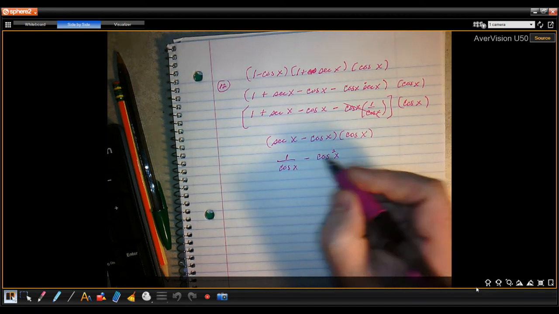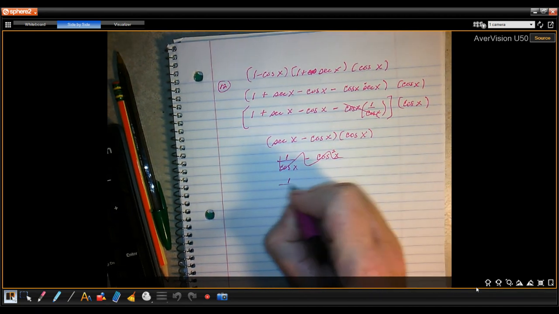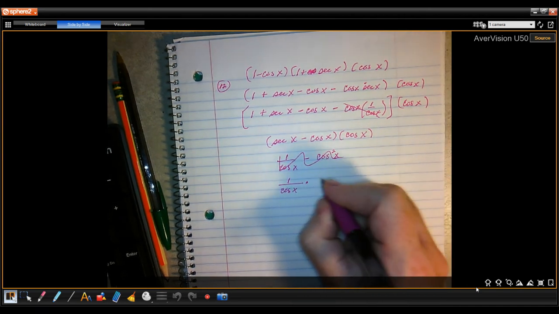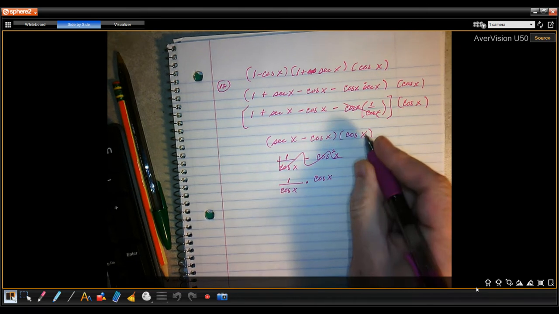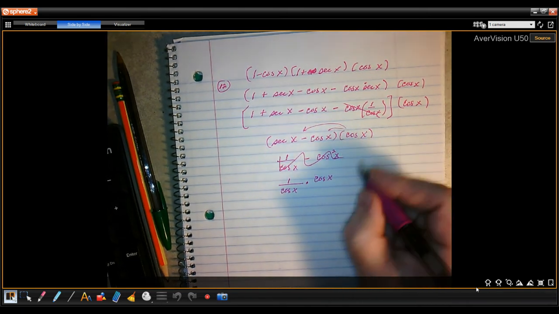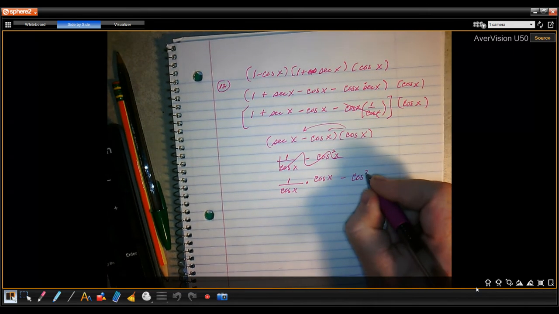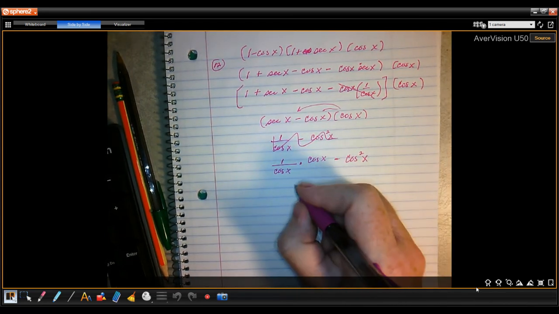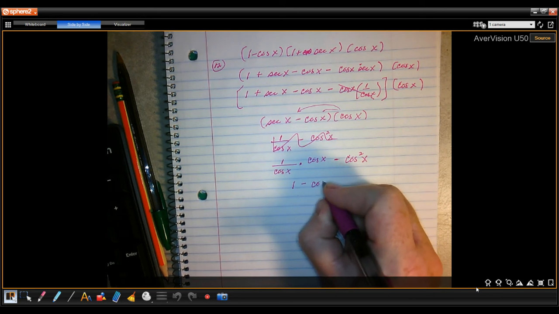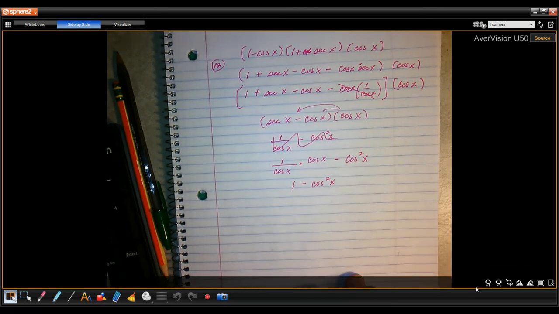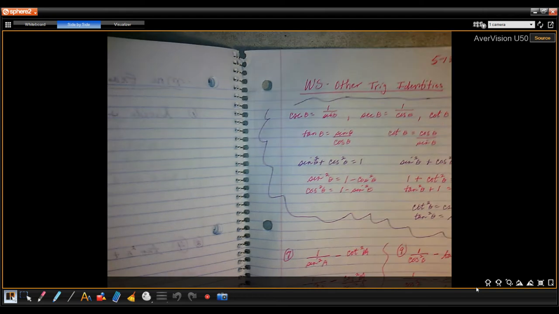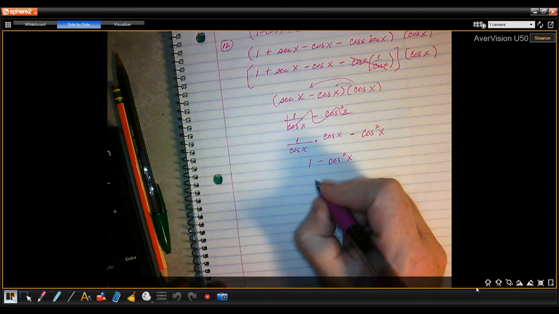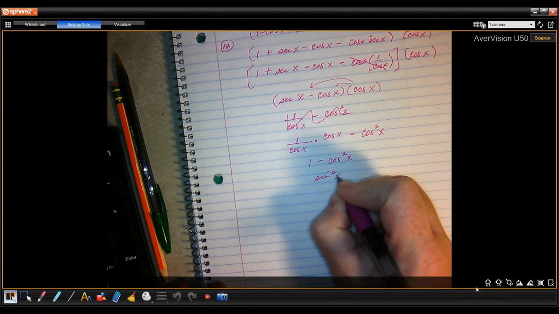So 1 over cosine x, my bad. 1 over cosine x is this times, there we go, cosine x. That's because I'm doing the distributive property. Minus cosine x. There we go. Now, this crosses out, so we're left with 1 minus cosine squared x. So I'm going to go back to the previous page. 1 minus cosine squared is sine squared. So sine squared x is my answer.